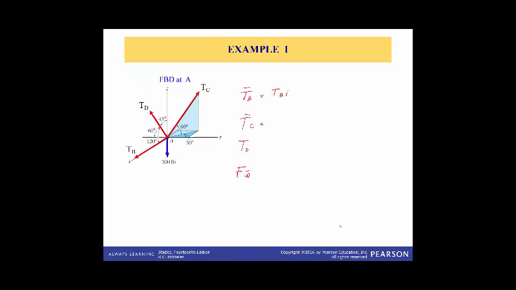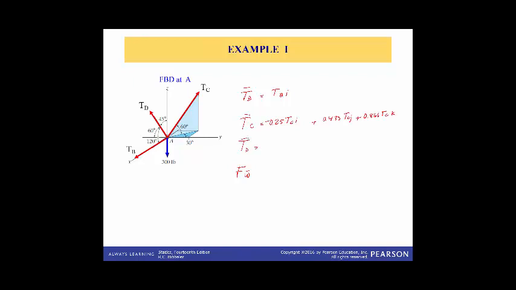So we have TC would be -0.25 TC i + 0.433 TC j + 0.866 TC k.